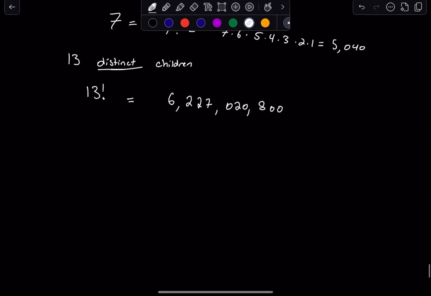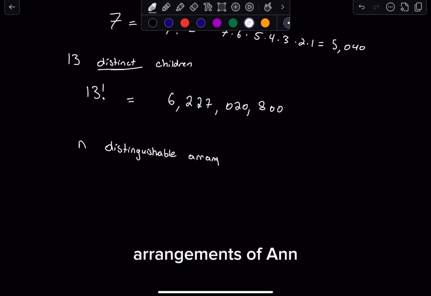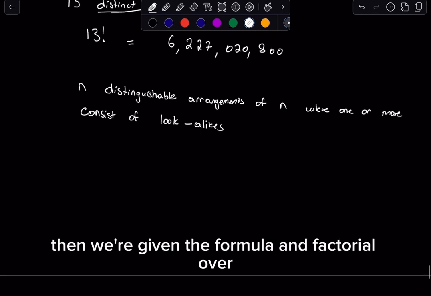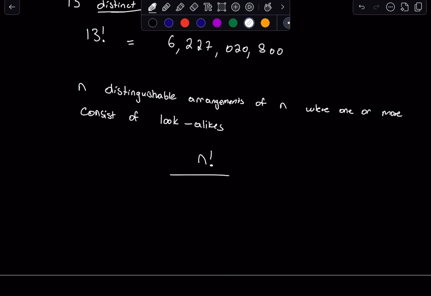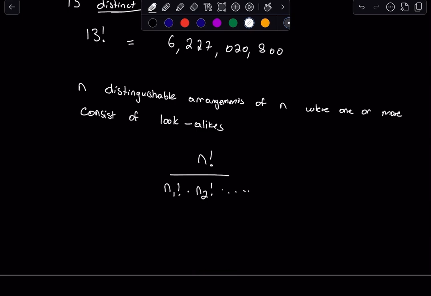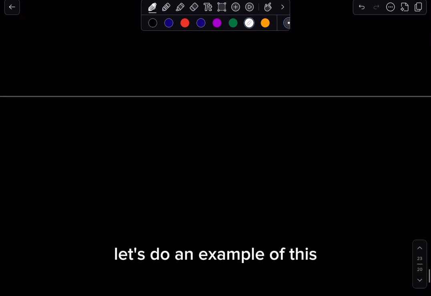Well, if we have arrangements of n objects, where one or more consist of lookalikes, then we're given the formula n factorial over n1 factorial times n2 factorial times nk factorial. Let's do an example of this.